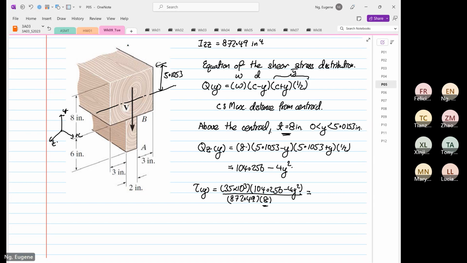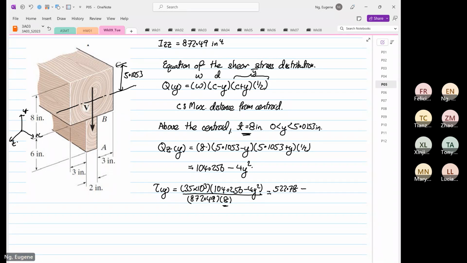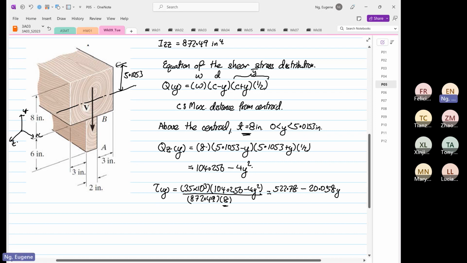So 35 power 3 times 104.256 divided by 872.49 divided by 8 is equal to 522.77 minus 20.058 y squared.